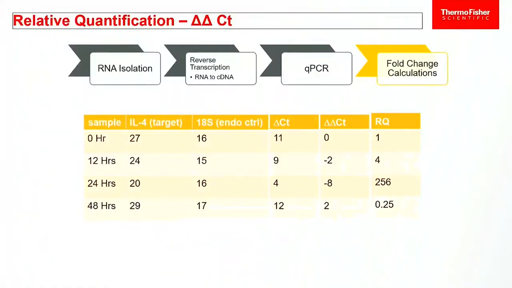We have our first delta, where we calculate the difference between our gene of interest and our endogenous control. So column 1 minus column 2. Then we have our second delta calculation, which is going to be the difference between samples. Okay, so we have row 1 compared to row 2, row 1 compared to row 3, and row 1 compared to row 4. Okay, and these are straight up subtractions at this point.